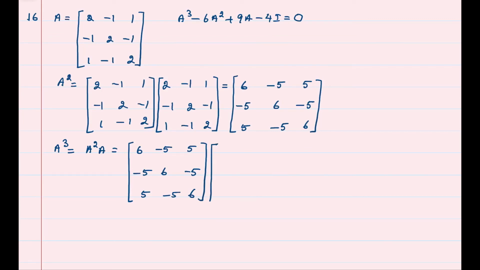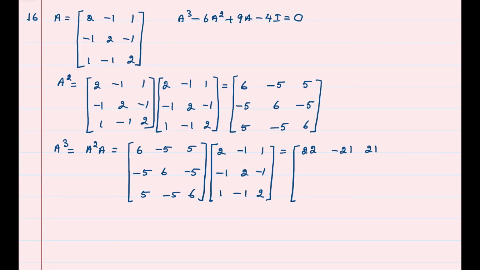Times A matrix. Twelve plus 5 plus 5, 22. Minus 6 minus 10 minus 5, minus 21. 6 plus 5 plus 10, 21.